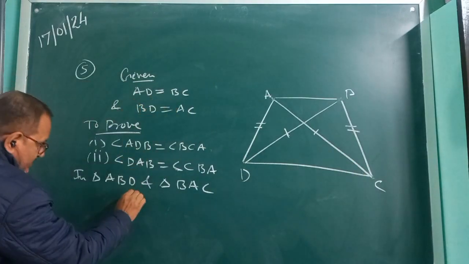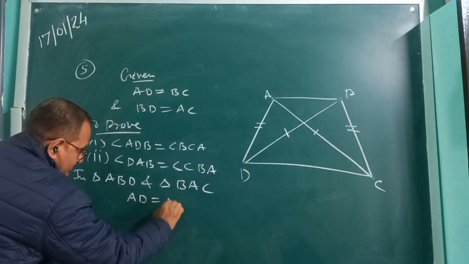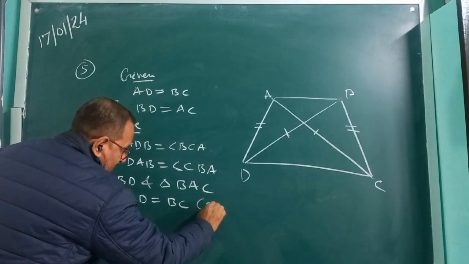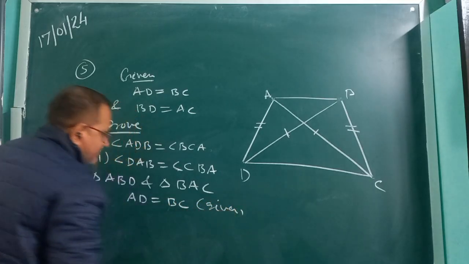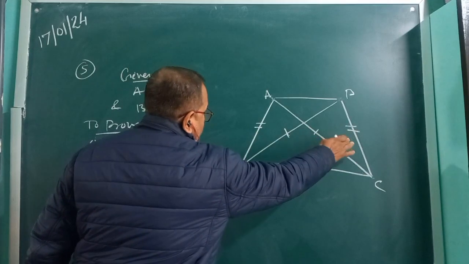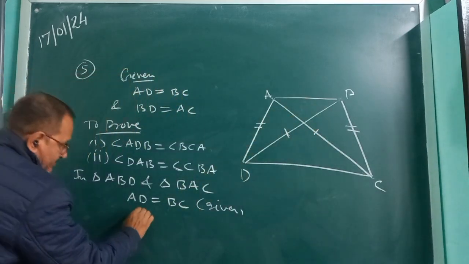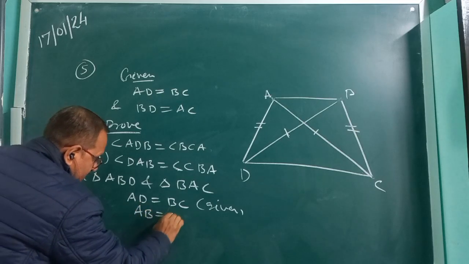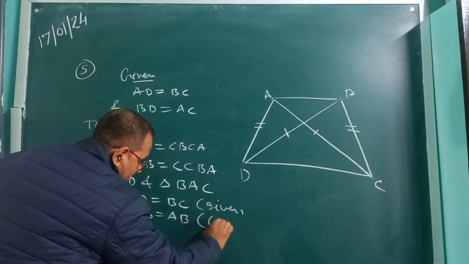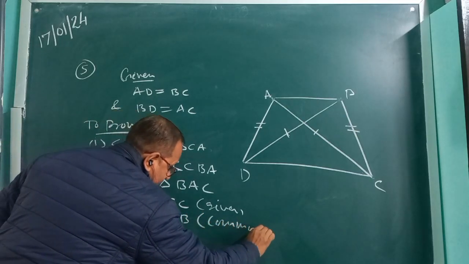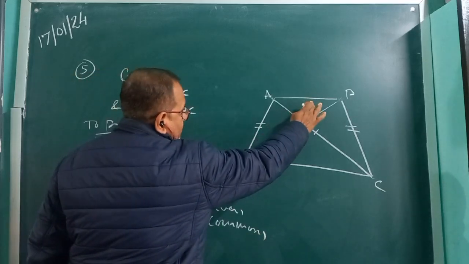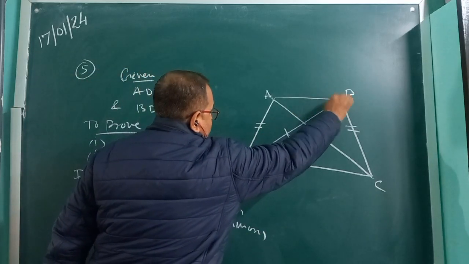AD is equal to BC, given. AB is equal to AB, common. It is a common side in both the triangles.